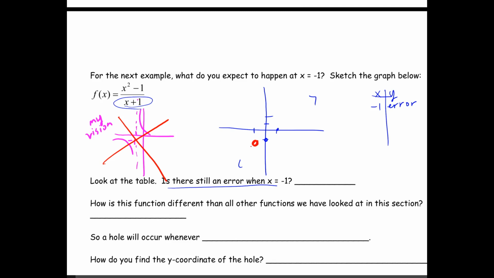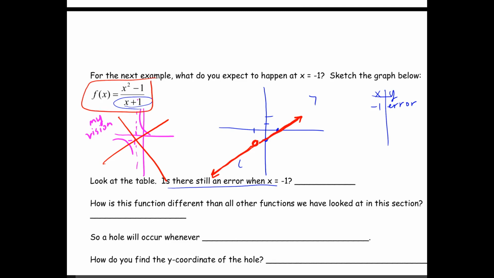And then everything else just continues in the form of a line. Now, we obviously have to figure out, why did this happen? Why was this function different than the previous ones we just looked at? What do you think it is about the actual function that created a hole?